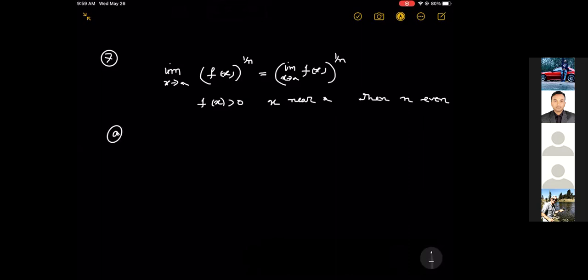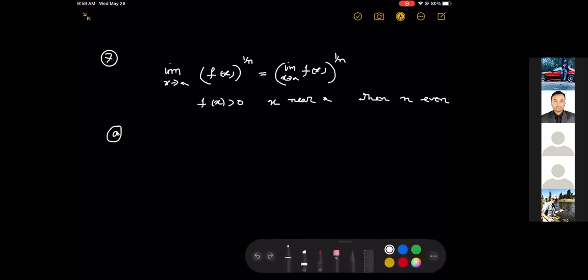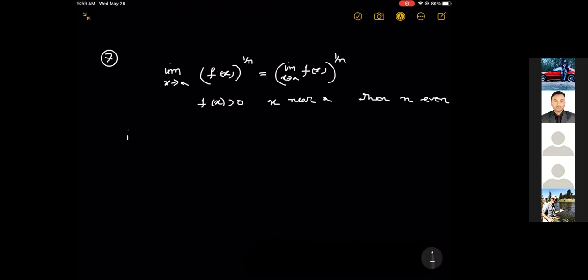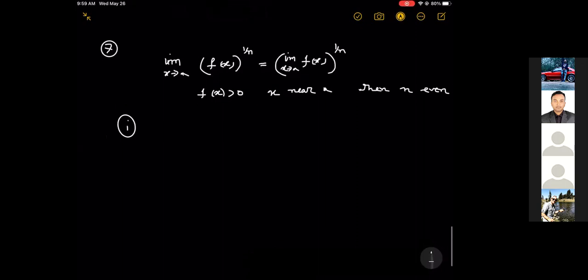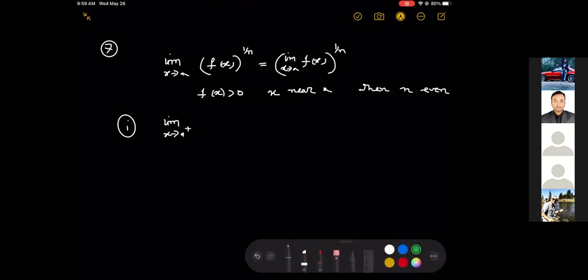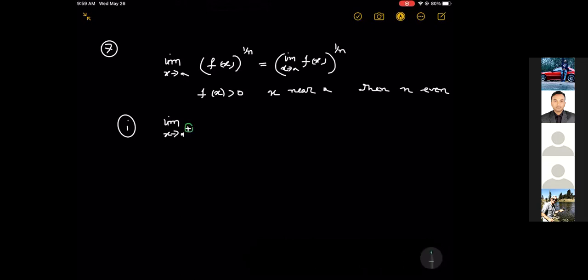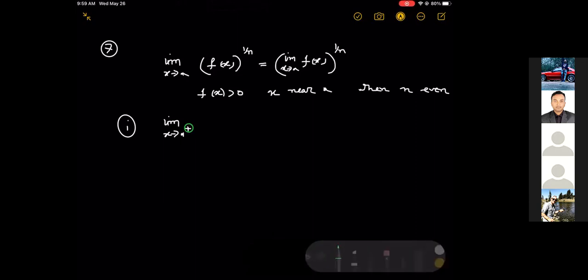For the right-sided limit, let's avoid a because we are already using a for the value x is approaching, so let me use Roman numerals instead. So let's say we are calculating the right-sided limit. If you remember, this plus sign signifies that you are calculating the right-sided limit, right?